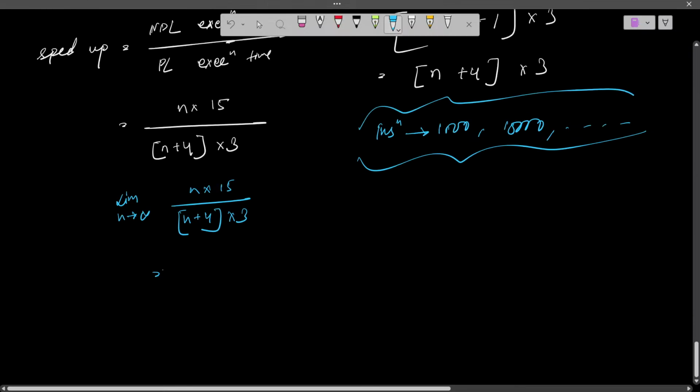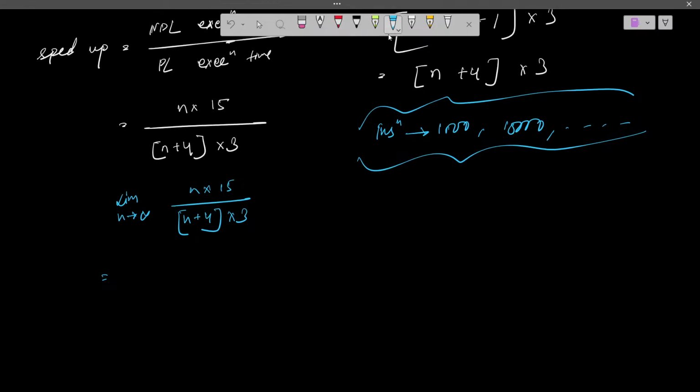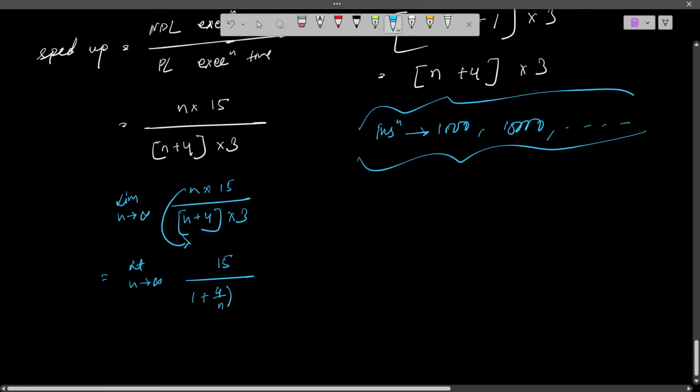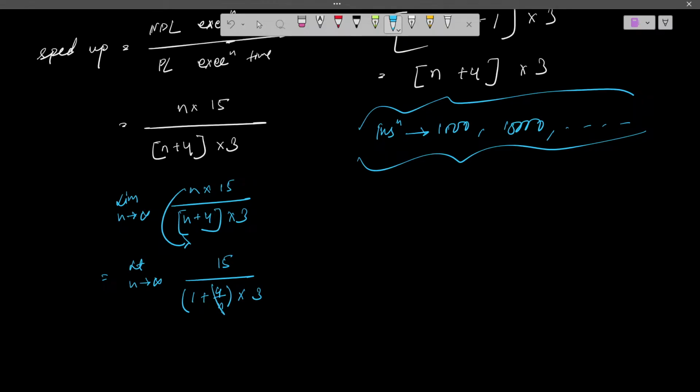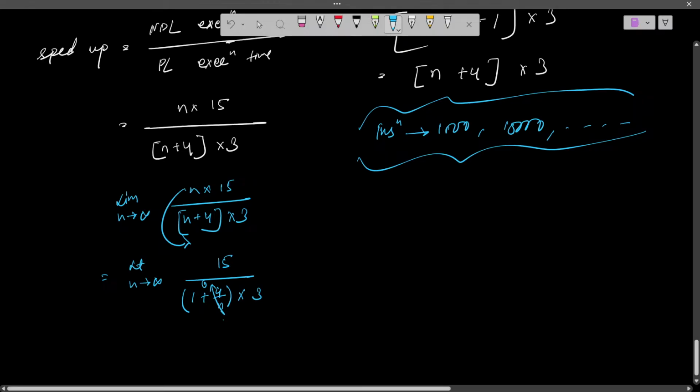So if we just use the limit here, 4 upon n would become 0. So 5 would be the answer.